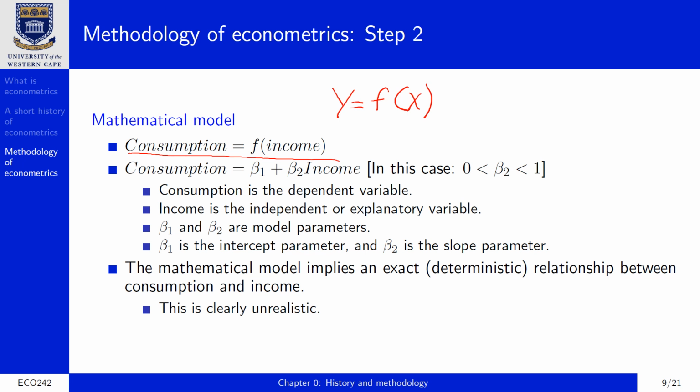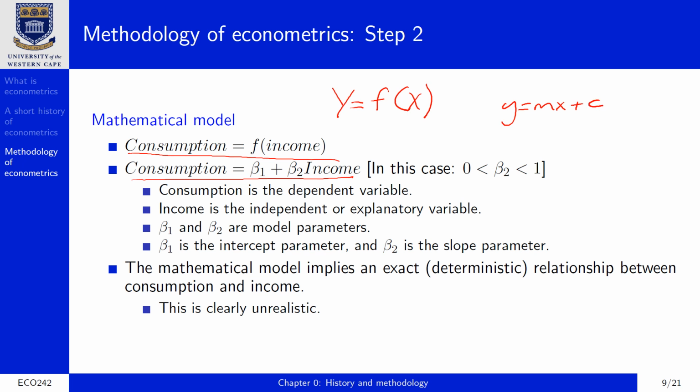The next equation expresses this in a particular specification. It says that consumption equals some parameter beta 1 plus another parameter beta 2 times income. And you'll recognize the form of the specification as a linear function, much like y equals mx plus c.